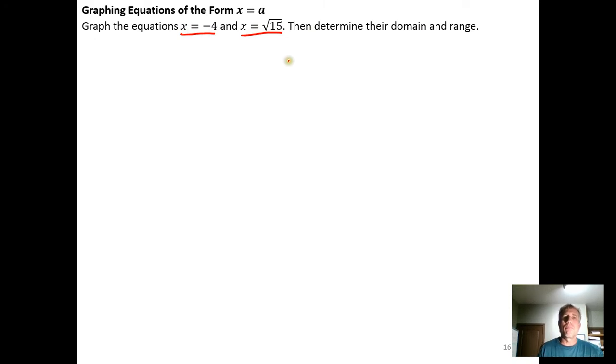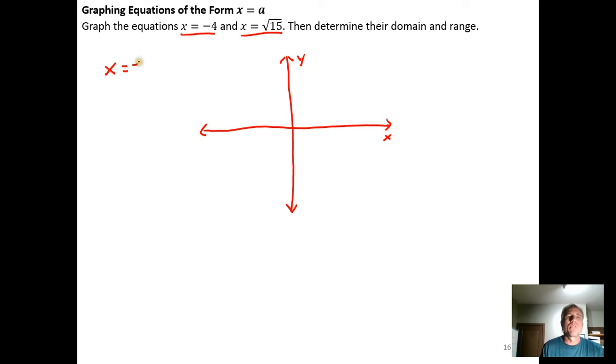So we'll start off by drawing in our x and y axes. So here's my x-axis, here's my y-axis, and let's label those x and y, and let's think about x equal to -4 first.